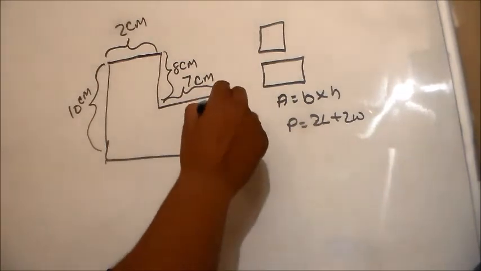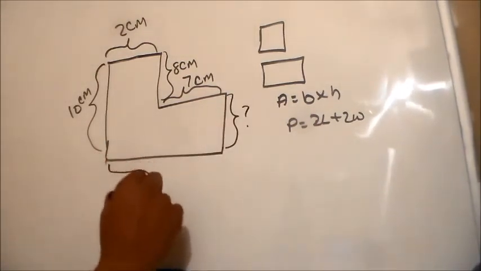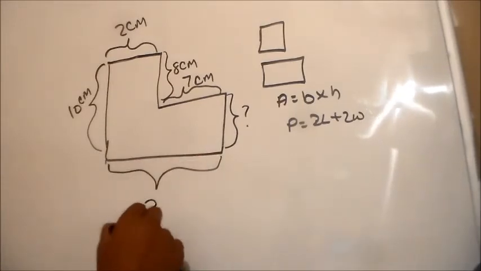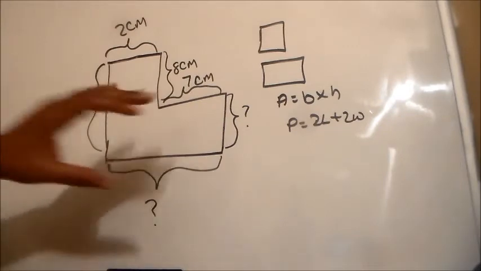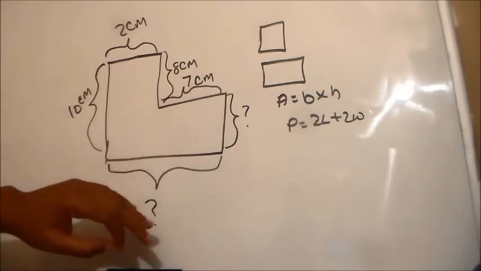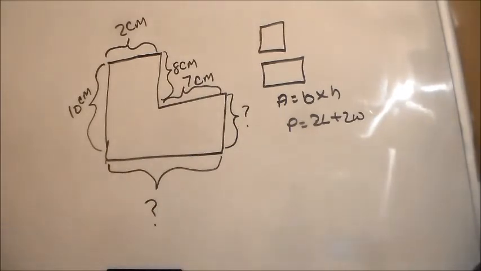And then they'll just leave this one blank and this one blank, and then you're supposed to find out what these remaining two sides are, and then find the area and the perimeter.